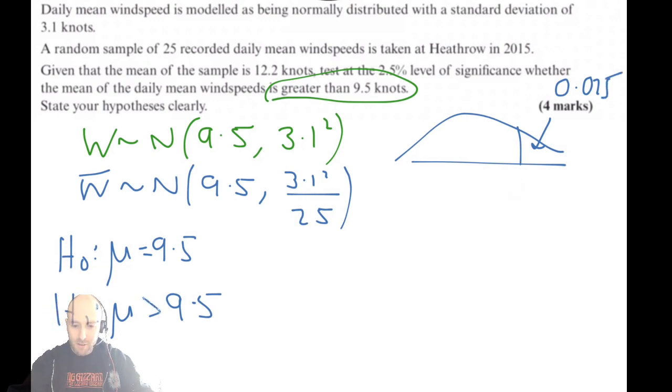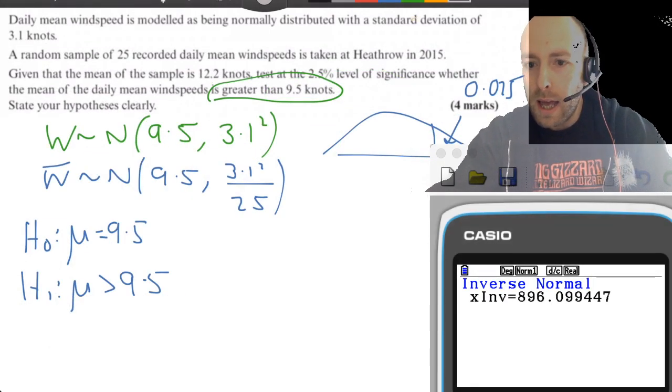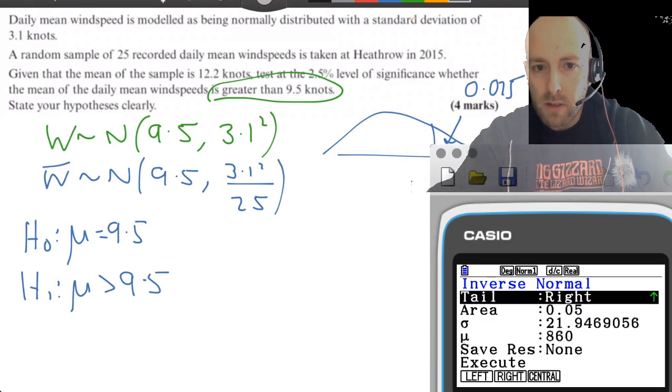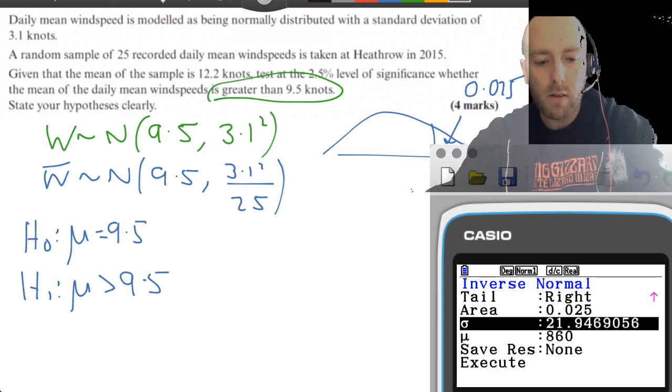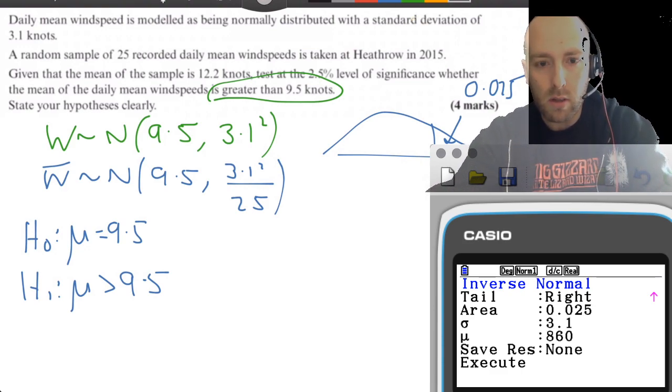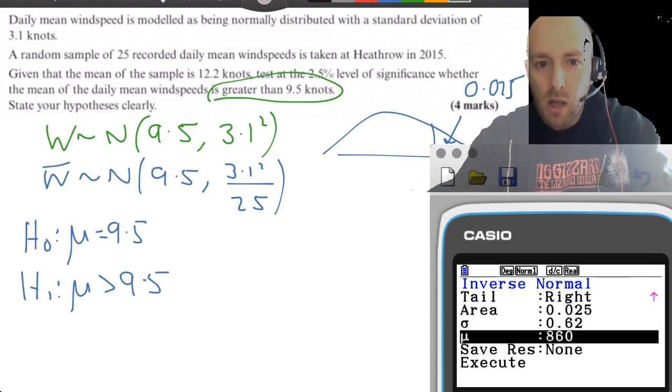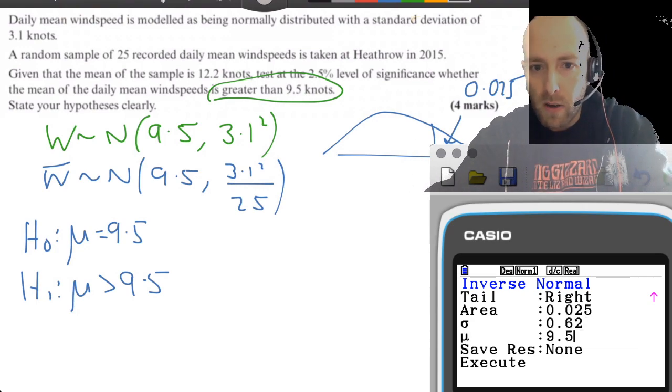So if we bring the calculator up and go to inverse normal, tail to the right, area 0.025, sigma 3.1 over square root 25, which is 5, did it in my head like a pro, and mu is 9.5.